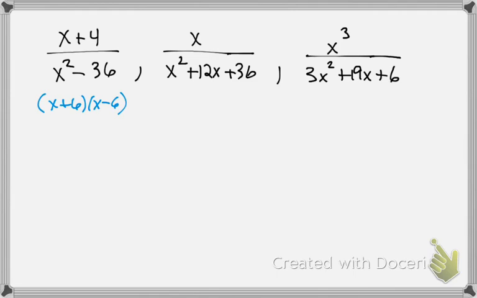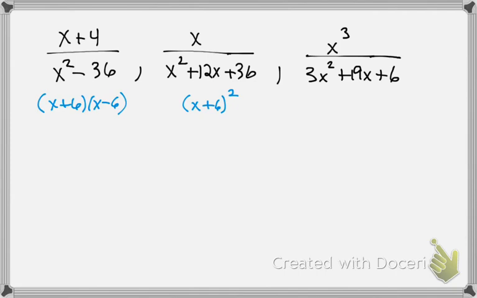What about the second denominator? More eloquently put, x plus 6 squared, because it is a perfect square trinomial. a is x, b is 6. Isn't that 6x doubled in the middle? It's a perfect square trinomial, so it's x plus 6 quantity squared.